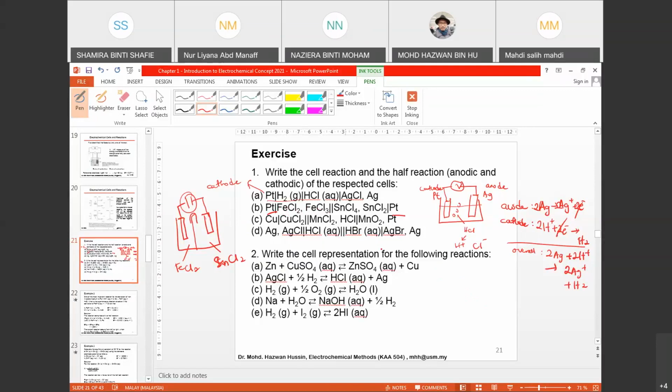This means Fe2 plus becomes Fe3 plus. Then another one will be tin 2 plus, which becomes tin 4 plus.